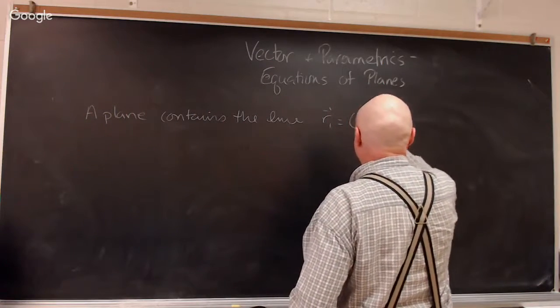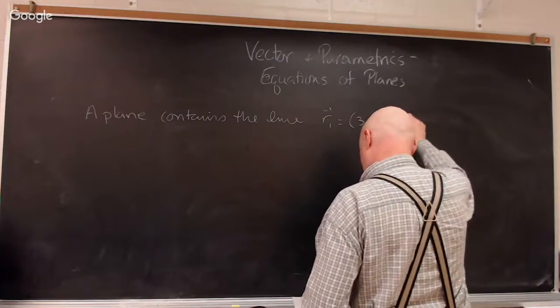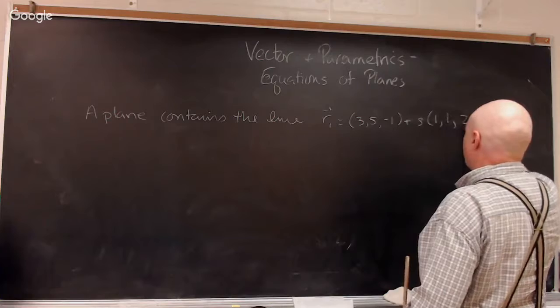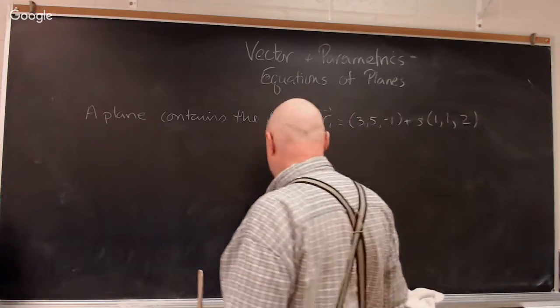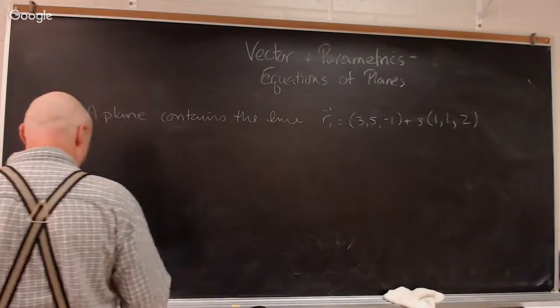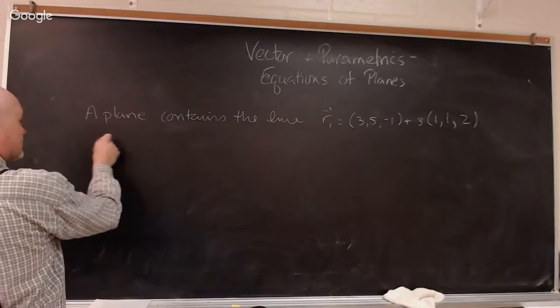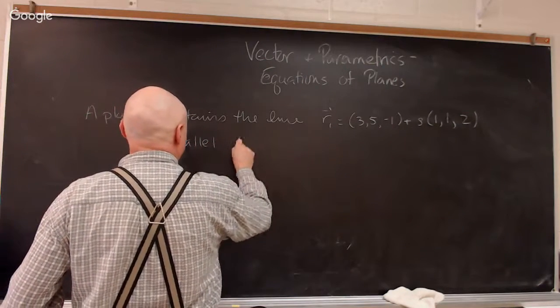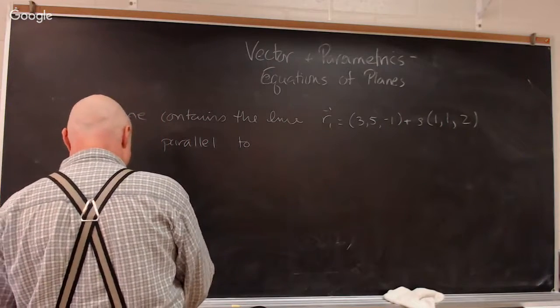3, 5, -1 plus s times 1, 1, 2. So it's got to contain that line, and it has to be parallel to a second line.